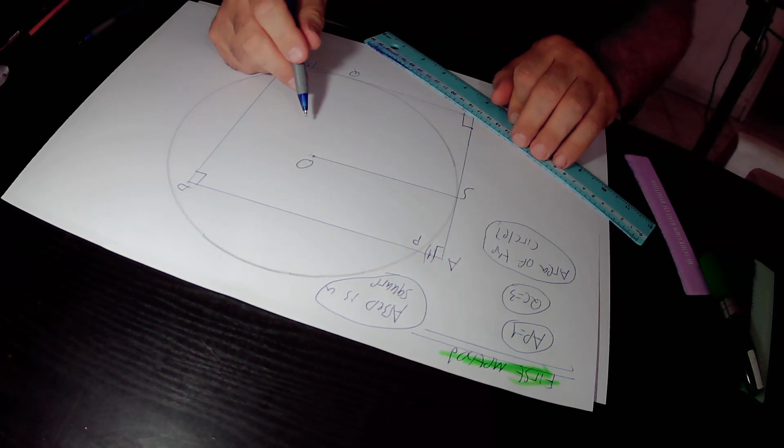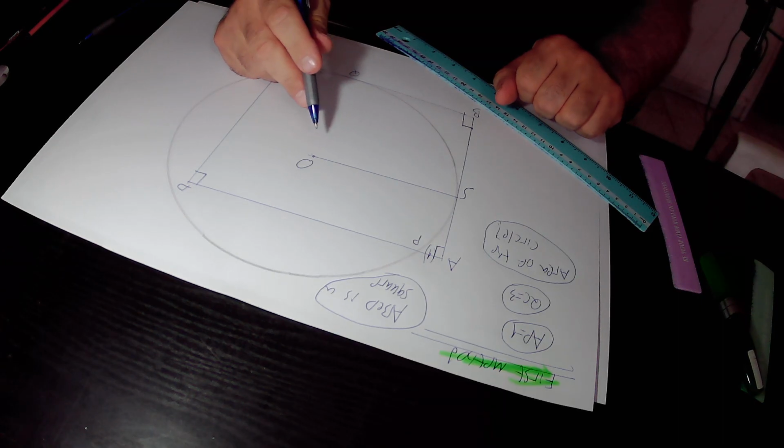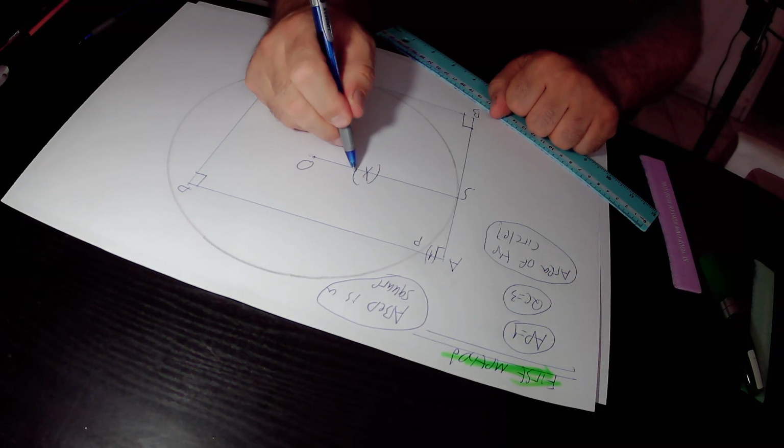OS is the radius of the circle. We define the radius of the circle as x, therefore OS equals x according to our definition.